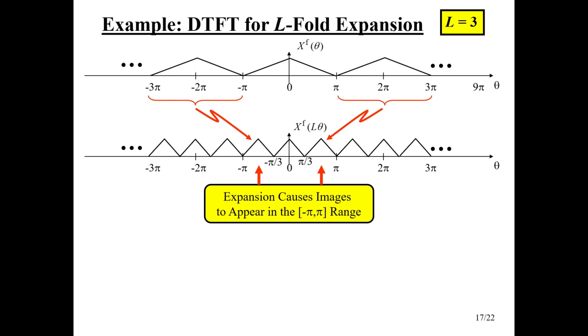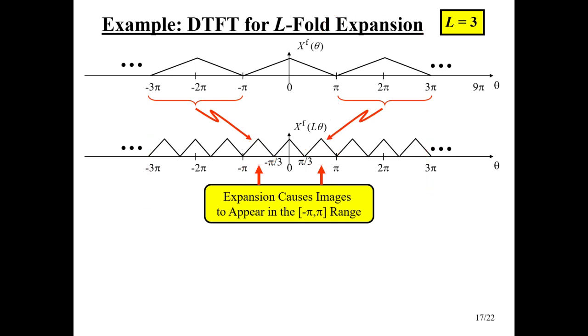So the terminology for what's happening here is we say that this expansion, remember, expansion means stuffing in the zeros. We're not yet at a really upsampled signal yet. So the stuffing of those zeros creates these images. And we really can still just look minus pi to pi to see what's going on. And then remember that outside of that, everything is 2 pi periodic.